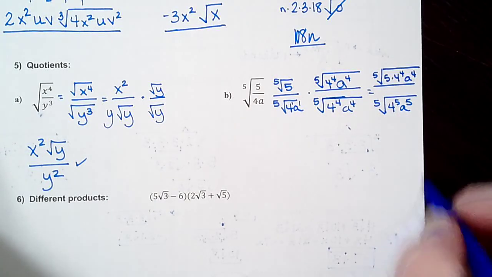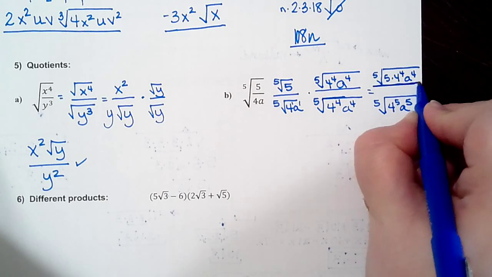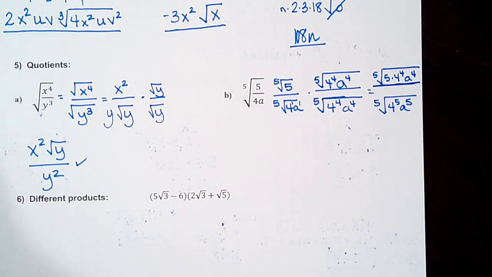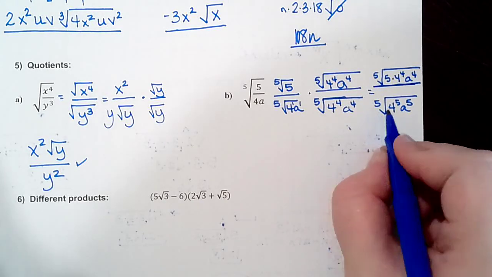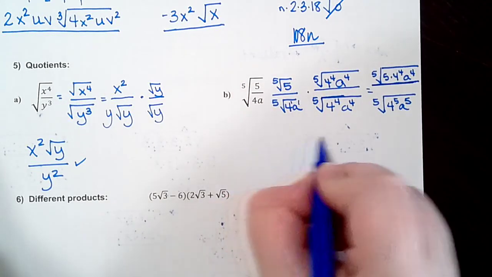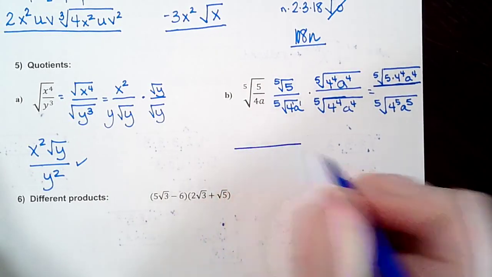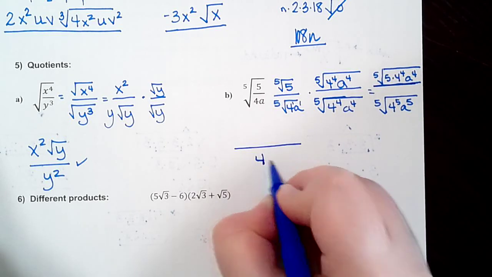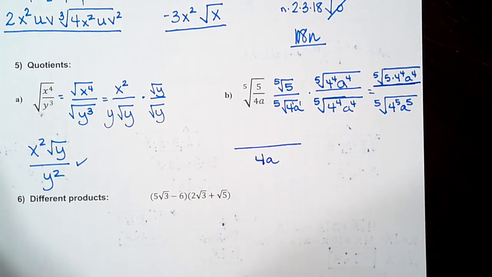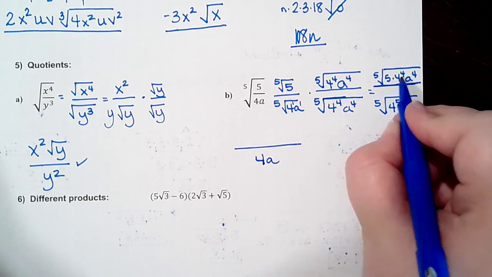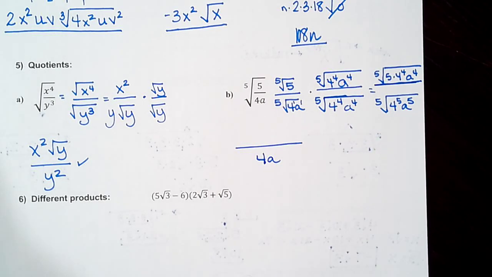But that's not how we're going to leave it, because obviously we did all this work so that we could get the 5th root out of the denominator. All right, 5th root here. Those 5s cancel, so I'm left with 4a on the bottom. On the top, I have 5 times 4 to the 4th.